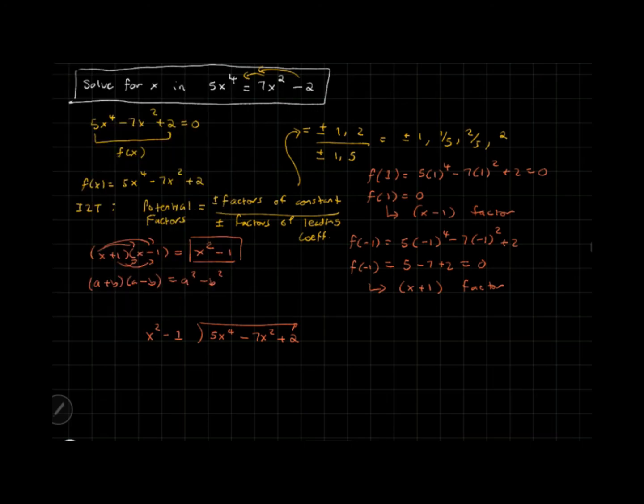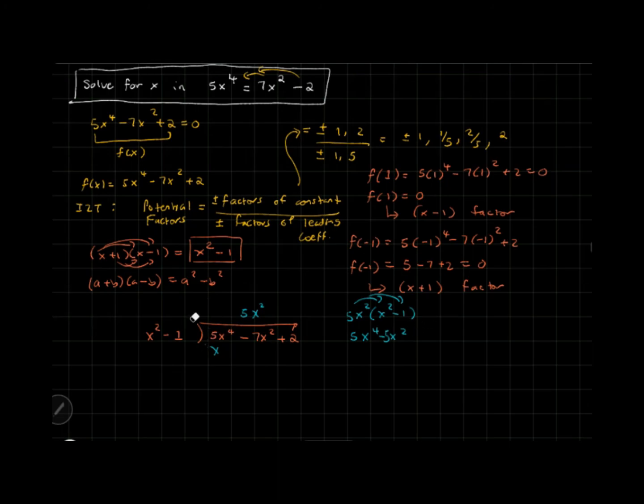To match that, I'm going to multiply by x squared, because x squared times x squared minus 1 expands to x to the power 4 minus x squared. Sorry, I should multiply by 5x squared, so you get 5x to the power 4 minus 5x squared.